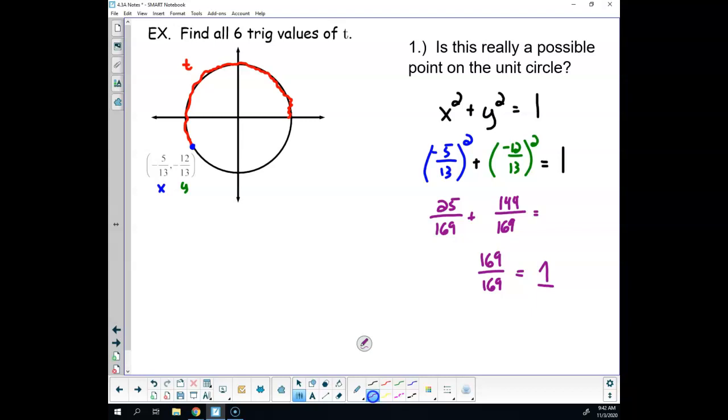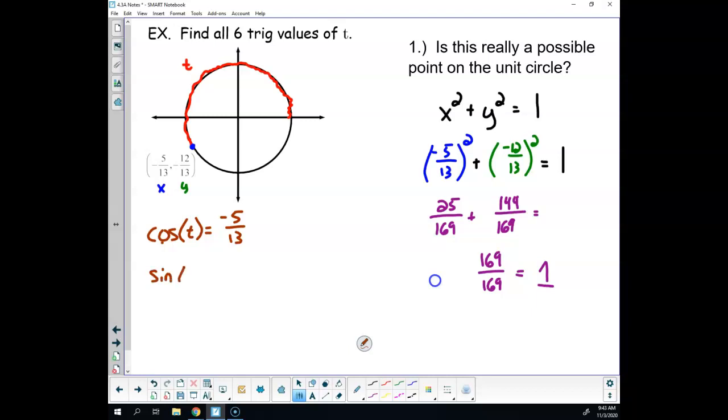Since it is on the unit circle, now we can figure out what all of our trig functions are. Let's start with the cosine. From the last slide, what was cosine? The x value. So that means the cosine here is negative 5/13. Sine was what?